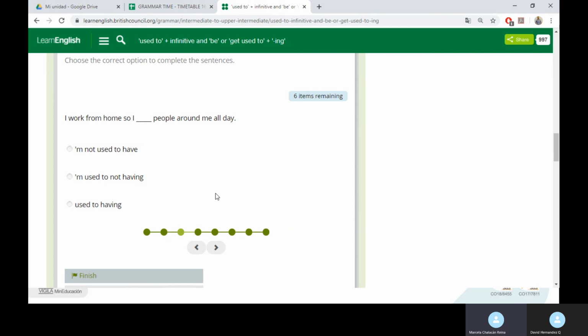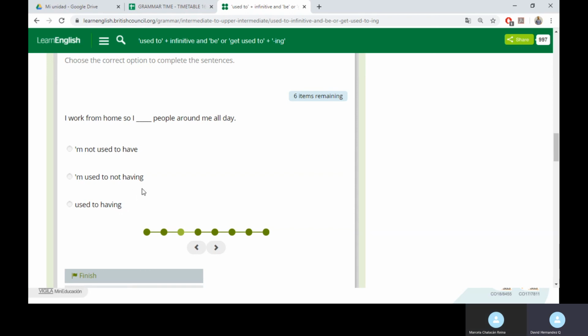Teacher, the first, I'm not used to have people around me all day. Yes, because the tier doesn't have the B. Okay. So used to alone plus ing doesn't work.